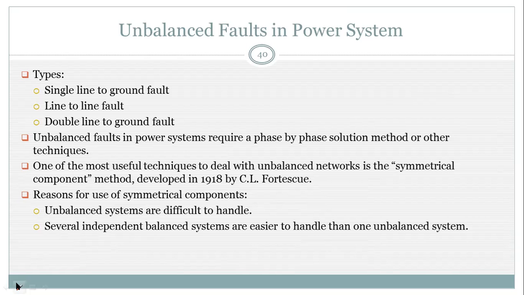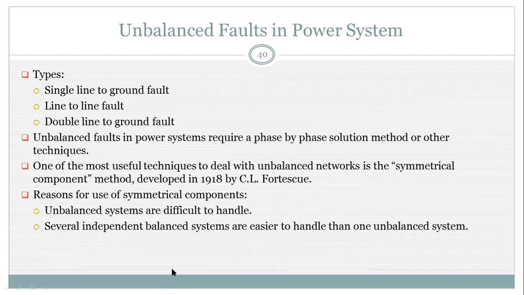They are in an imbalanced condition. To calculate the imbalanced vector, there is a technique invented by Fortescue in 1918.